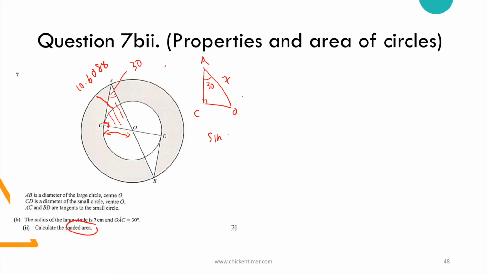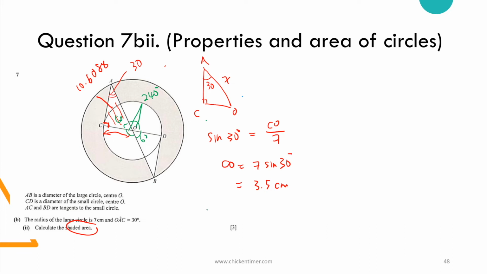So sine 30 will be equal to CO over 7. So CO is 7 times sine 30, so it's 3.5. This is 60 degrees. So this and these two add up to 240.